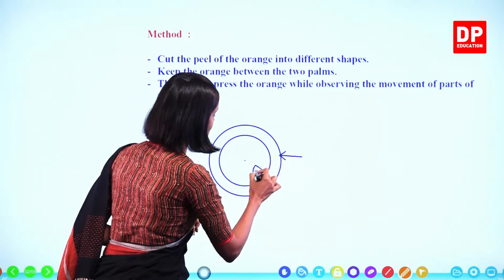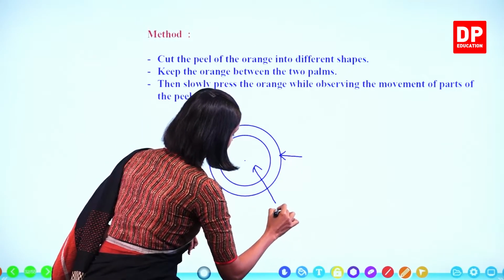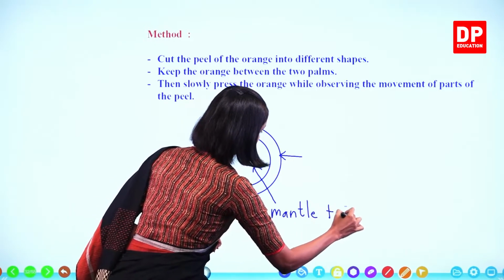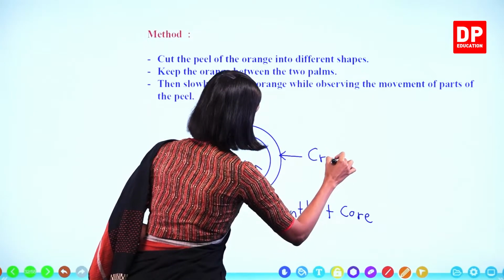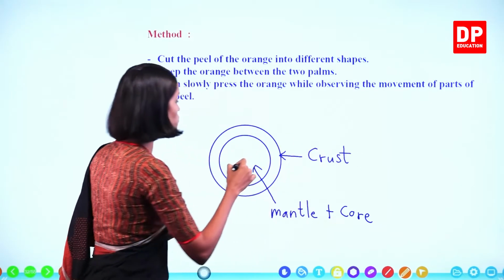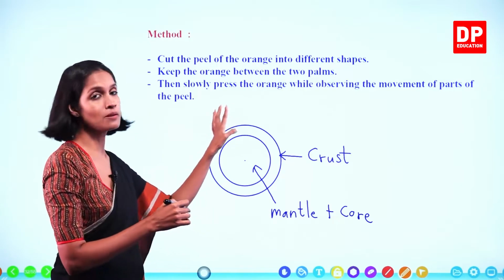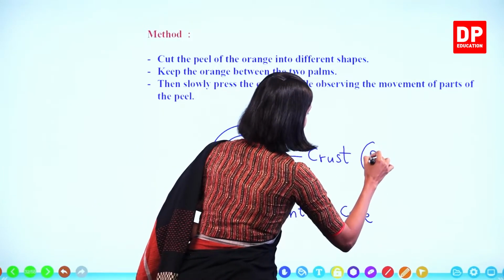And the middle part, we can consider as the combination of mantle and core. Mantle plus core. And this is the crust. So in this activity, you need to cut only the crust part, which means the peel part of the earth. Crust. This is the peel.